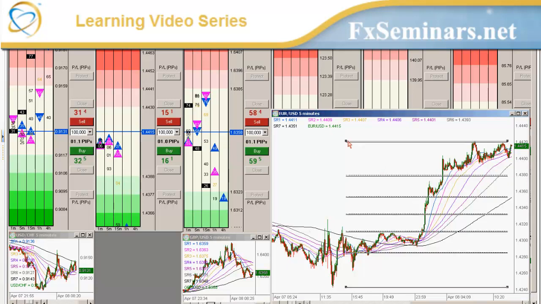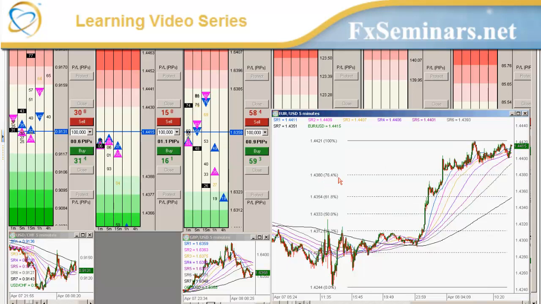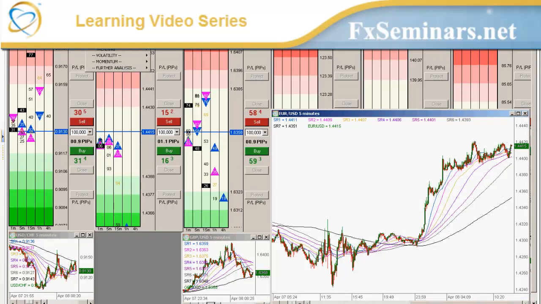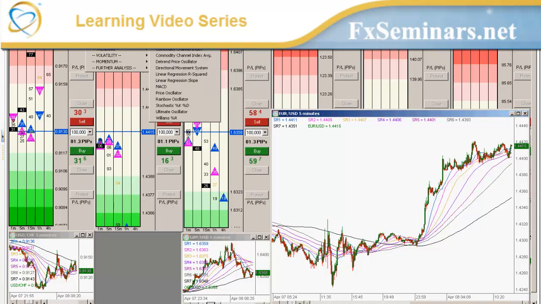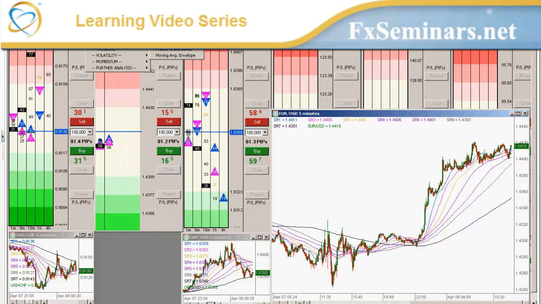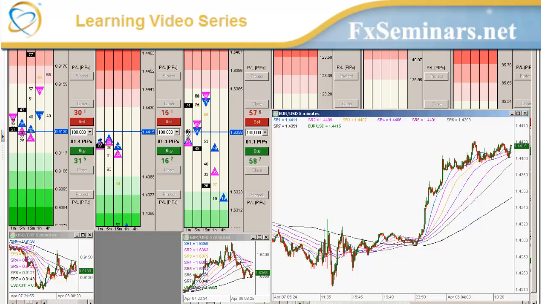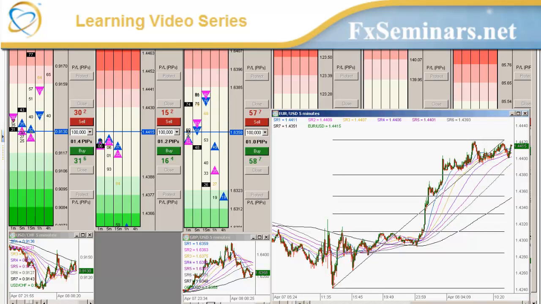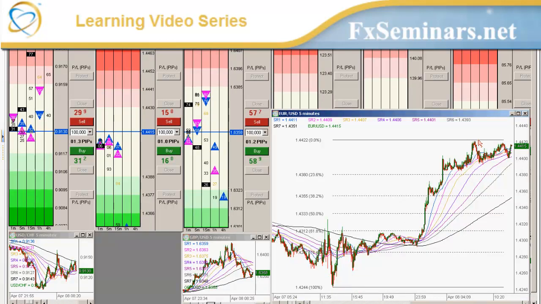So the actual level is correct, but the percentage itself is backwards. It's like, unless you're completely shoving a whole pie in your face, you have to eat a half a pie before you eat a full pie. You have to eat a quarter of the pie before you eat a half a pie. So that's how your retracement level should line up. So in the FXPM software, you always draw from the most current extreme to the old one. In this example, since we're in an upward trend, from the high to the low.